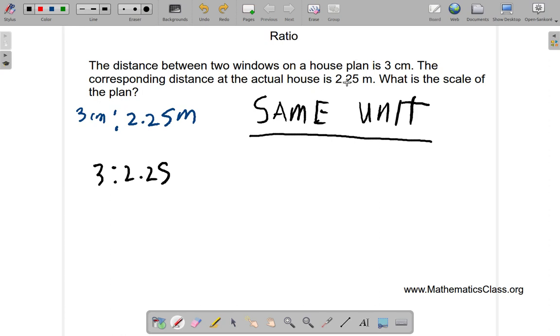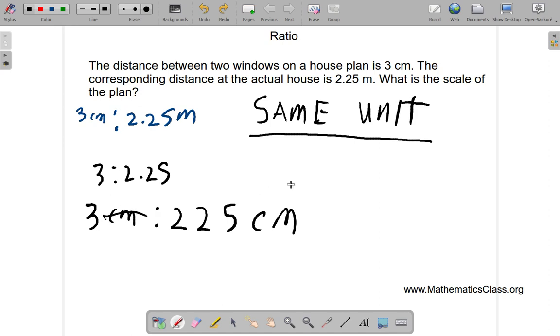So how do you convert the 2.25 meters to centimeters? You are going to multiply by 100. So the ratio is 3 centimeters to 2.25 times 100, which gives you 225 centimeters.